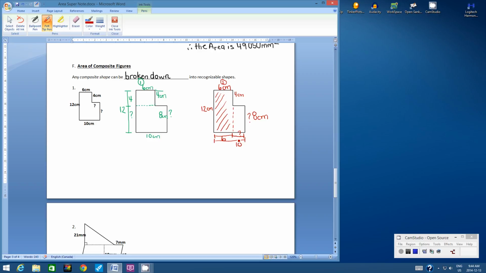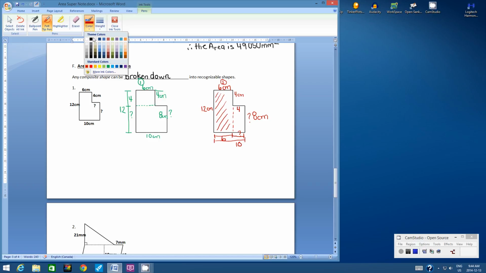It is 10, this distance, subtract 6, which is this distance, and that gives us 4. So we have a rectangle of 4 by 8, and a rectangle of 12 by 6. We can use either of these two strategies and we should get the same answer.